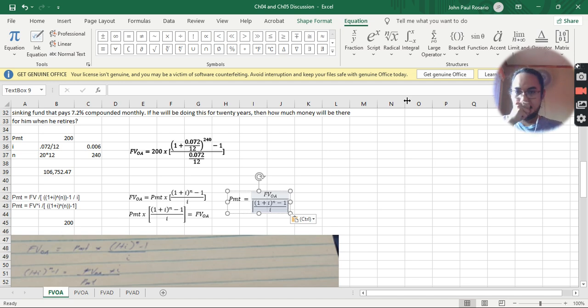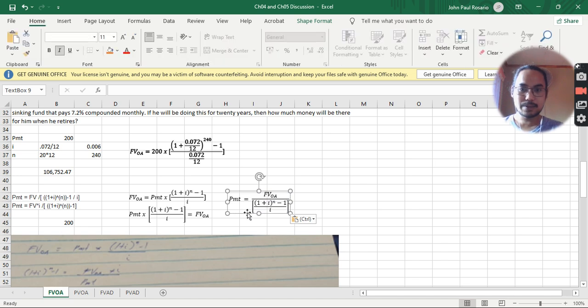Okay. Now remember, when a fraction is a denominator, we can transform the formula into a multiplication by reversing the fractional denominator. So if we do that, what will happen would be this one.